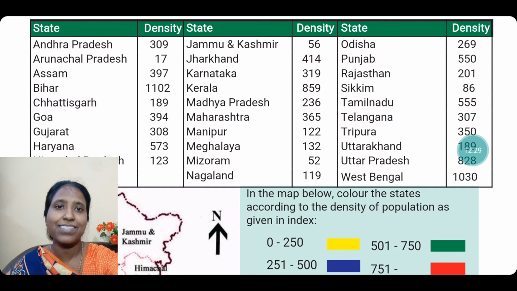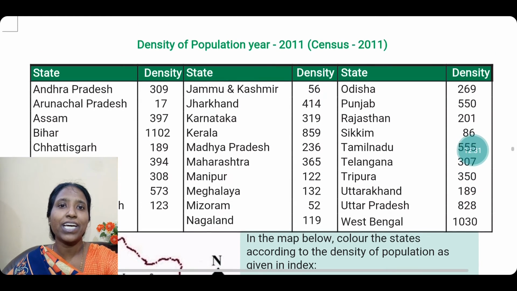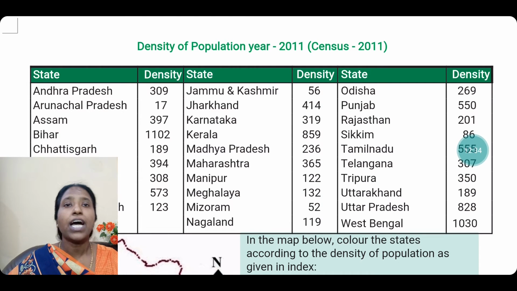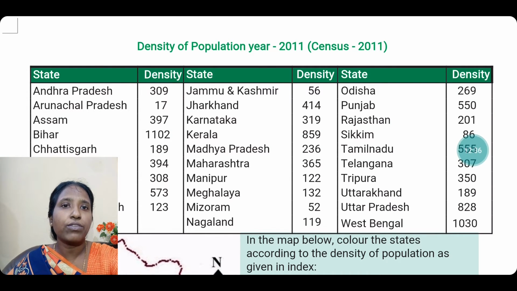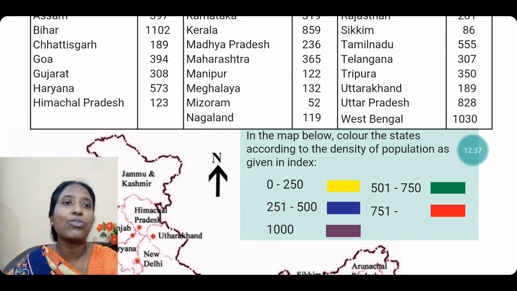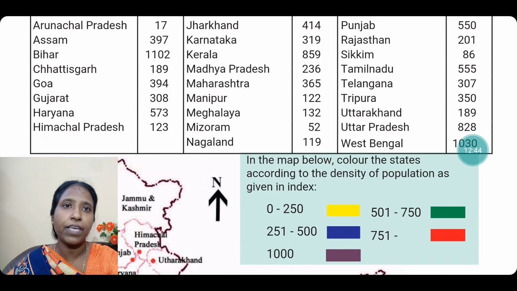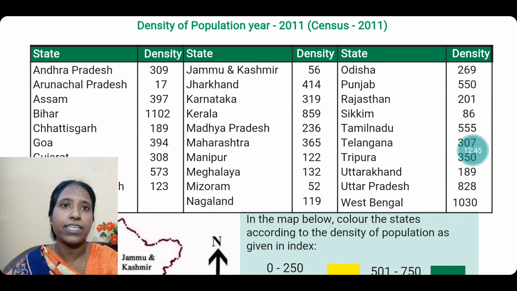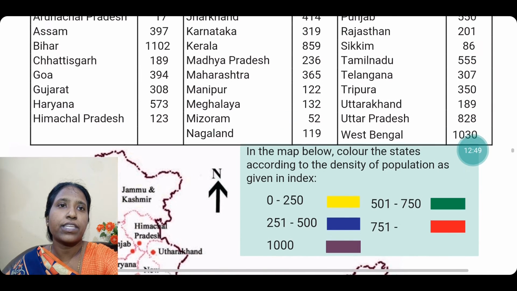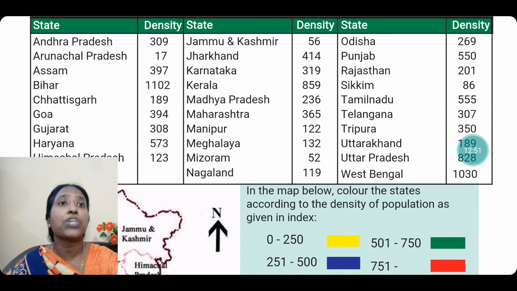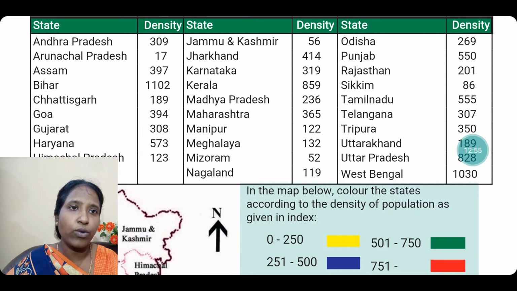Now look at this, children. This is an activity for you. Here you are given the population density. So according to the population density, you need to color this map. So 0 to 250. Where is the population 0 to 250? Yeah, you can see that here Arunachal Pradesh, and then here 123, that is Himachal Pradesh, and Jammu and Kashmir, that is 56, and Nagaland 119.